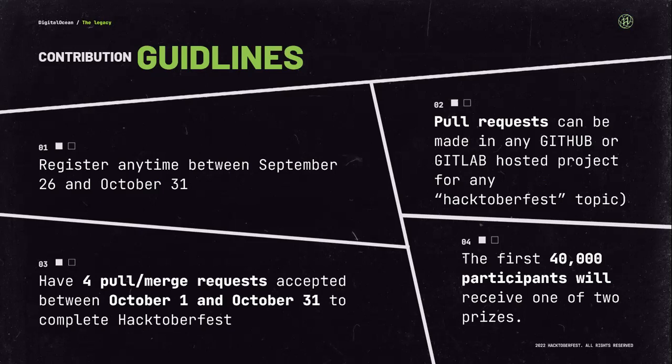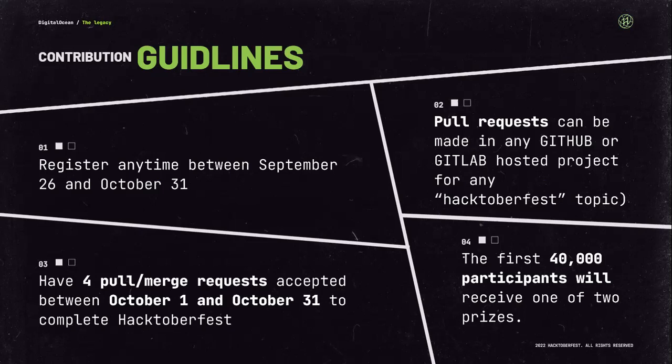Repositories are the projects which have all the content, all the source code and the documentation of the project or software. Pull requests can be made in any GitHub or GitLab hosted project for any Hacktoberfest topic. If you don't know about GitLab, GitLab is also the same as GitHub, but in this session we will see only GitHub.